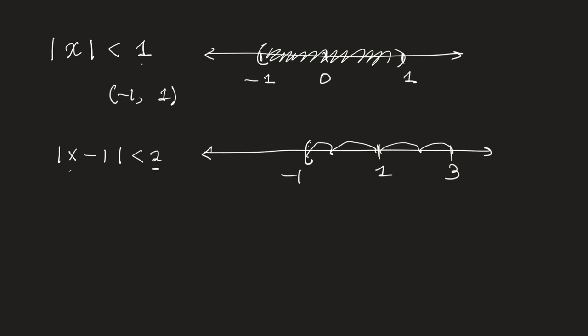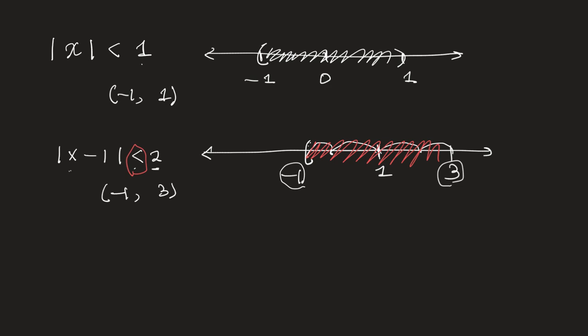But here it is a strict less than, so we're going to find the x values in between. So what is the interval for this absolute value inequality? That's -1 and 3. Does it make sense?